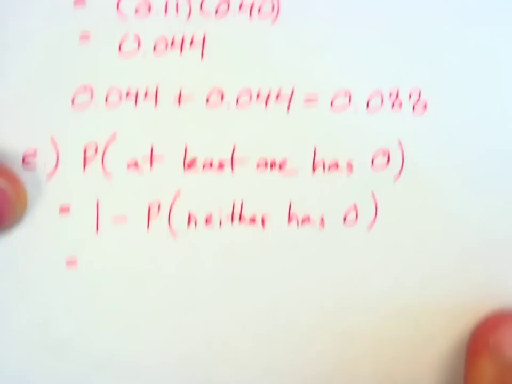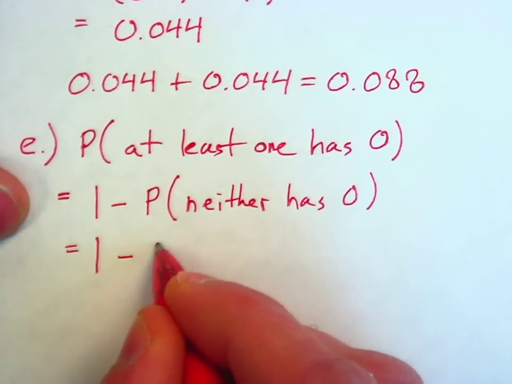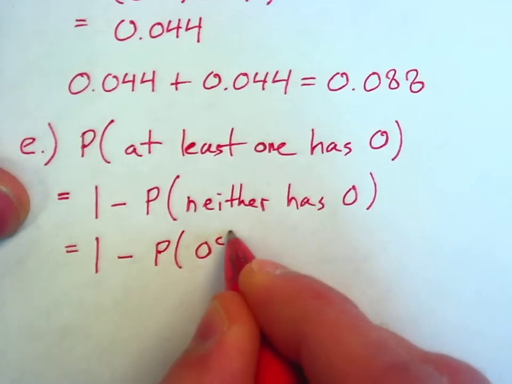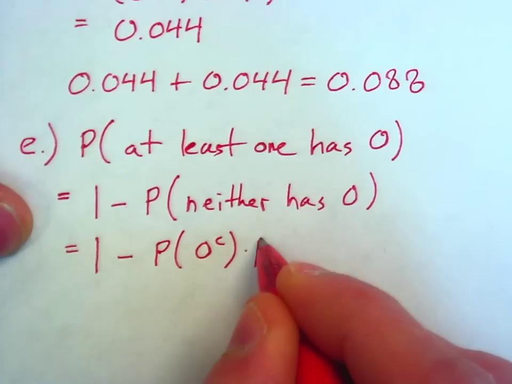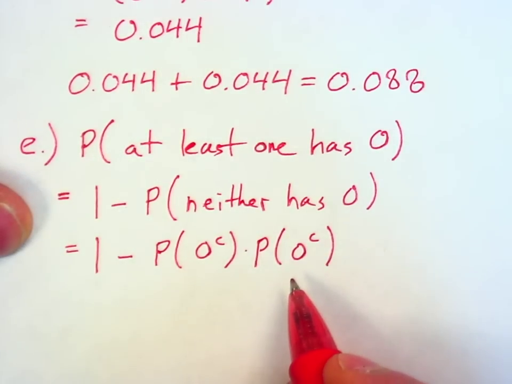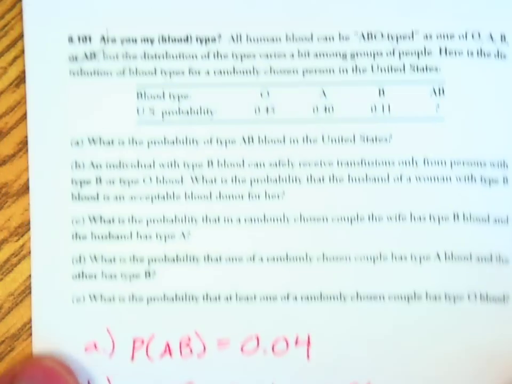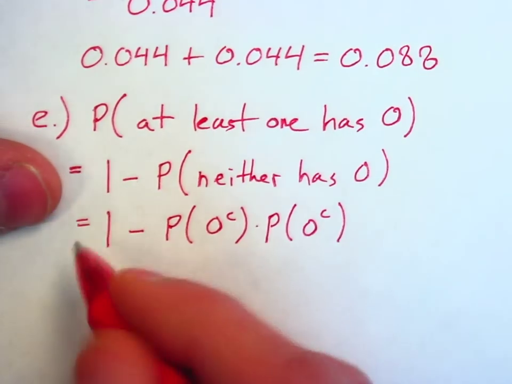So again, under the assumption of independence then, that's the probability of O complement. So the first spouse does not have type O blood, and times the probability of O complement. The second spouse does not have type O blood either, so I need to go to the table. The likelihood of having type O is 0.45, so the likelihood of not having type O is 0.55.